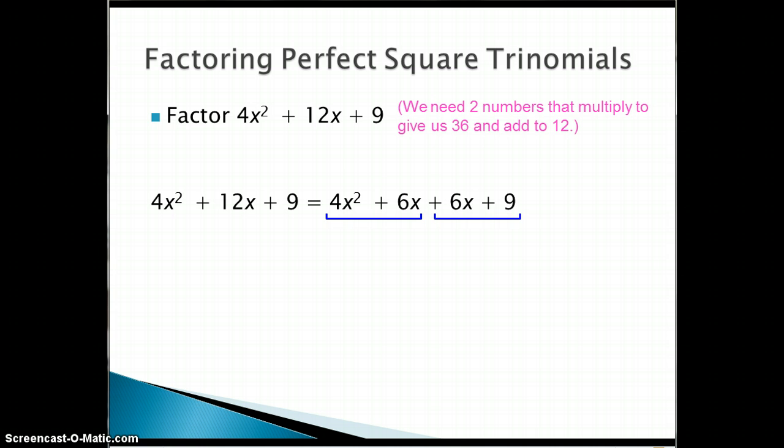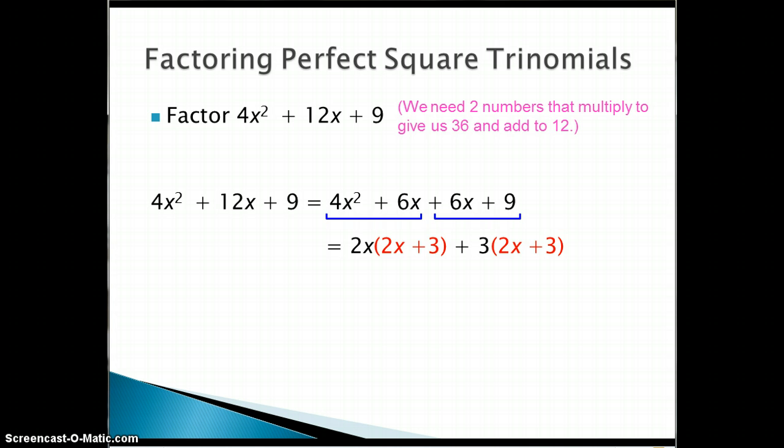So we group the first two terms together, we group the second two terms together, and we pull out a GCF out of each group. So the first group, you'll probably notice that there's a GCF of 2x, and the second group has a GCF of 3. And when you pull those out, you'll get a common binomial factor left over of 2x plus 3.